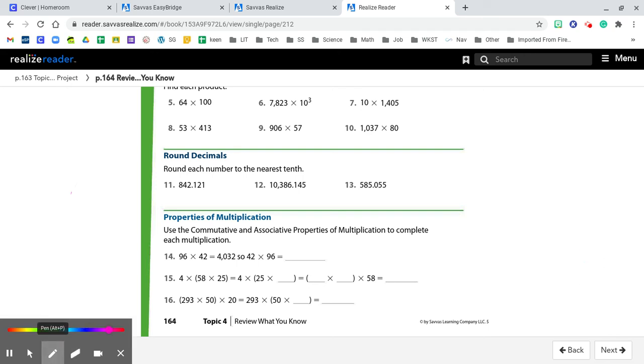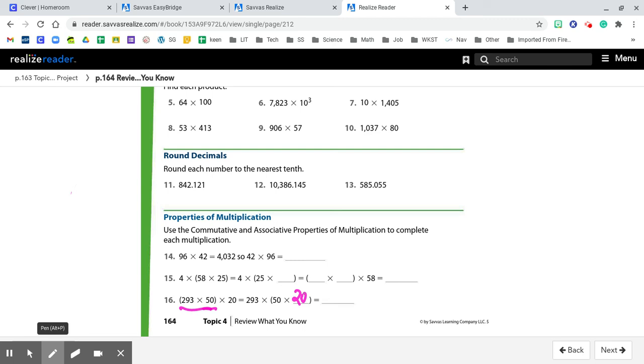And number 16, the same thing. We're going to move stuff around. The product of 293 times 5 times 20 is the same as 293 times 50 times 20.